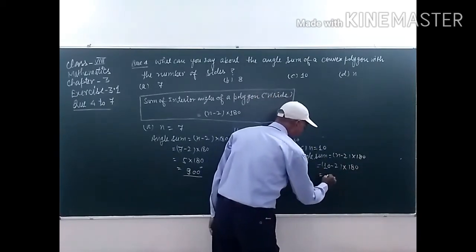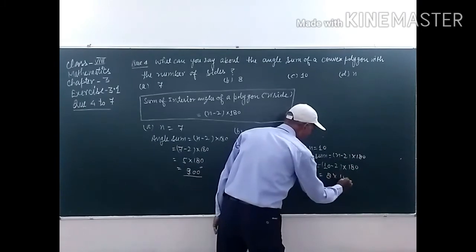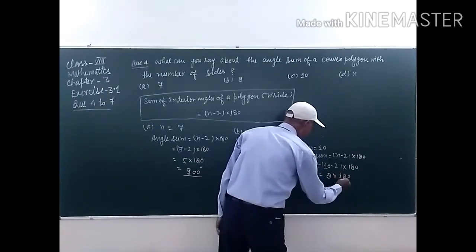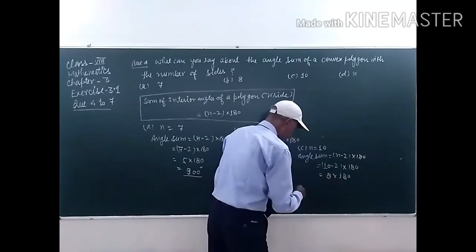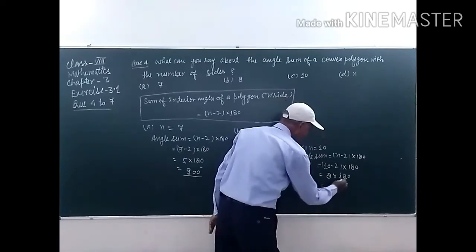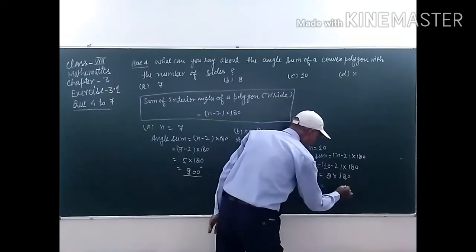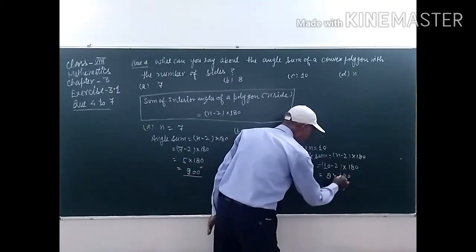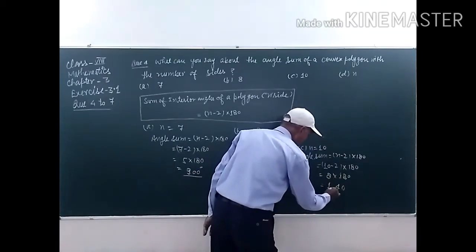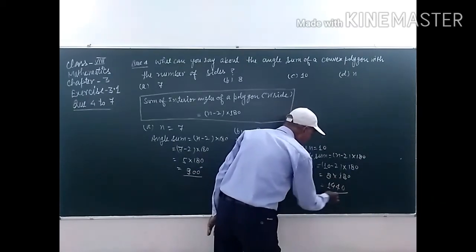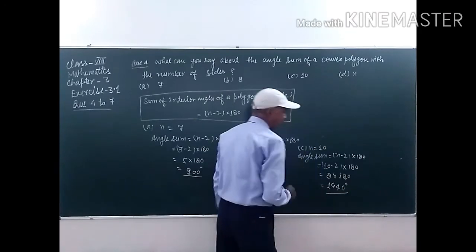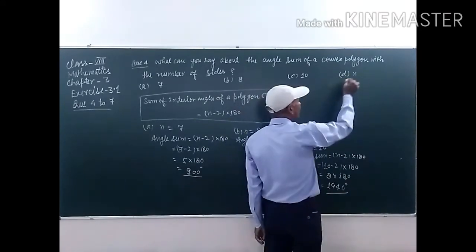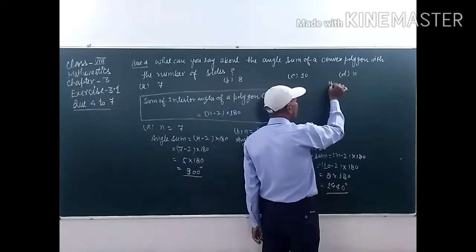Now it will be 8 into 180. Multiply this and this one will be 8 times 180, that is 1440 degrees.